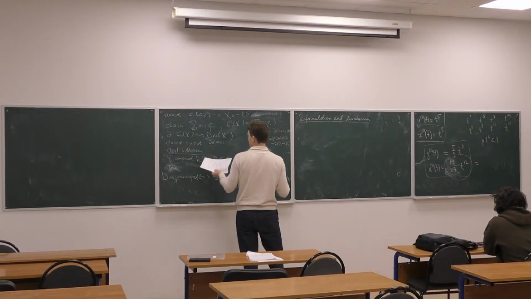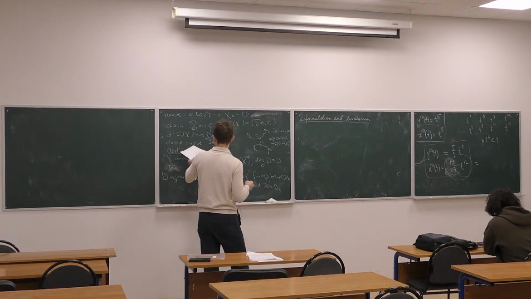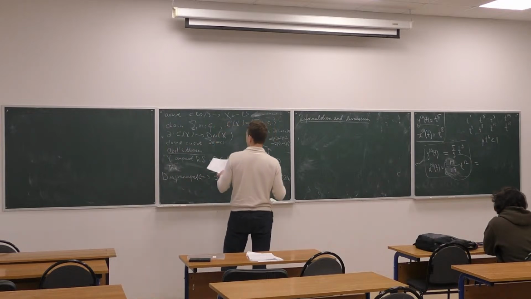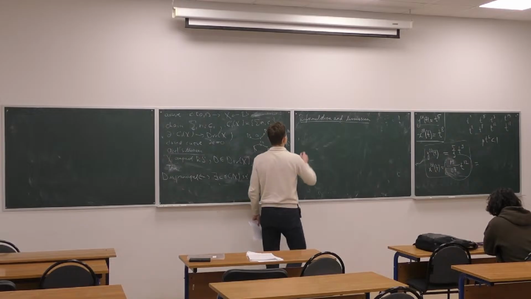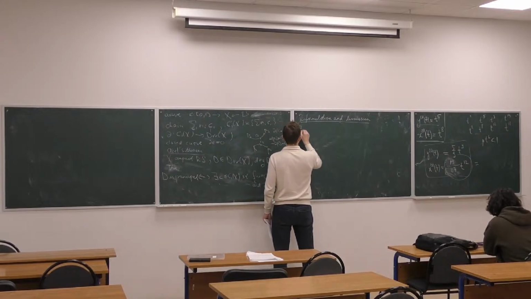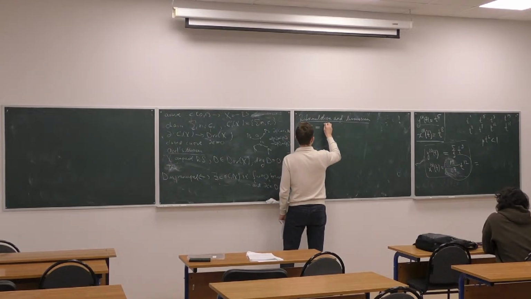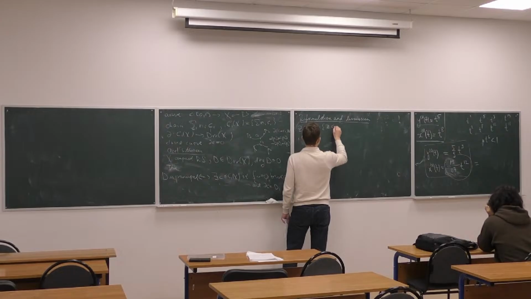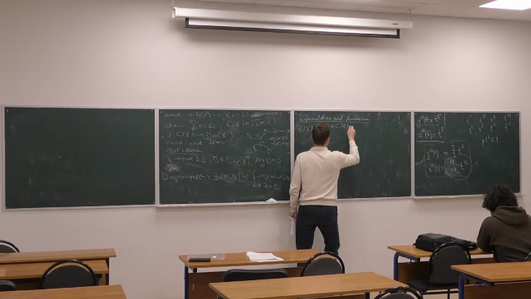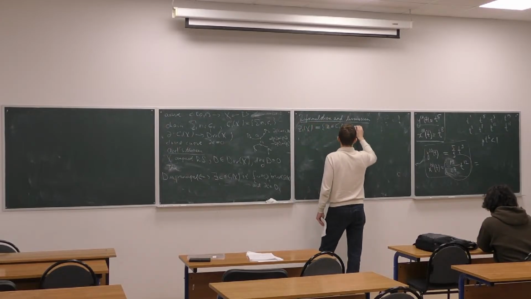we considered closed curves, but we can also consider closed chains. Let us define Z1 of X as the group of chains that are closed.